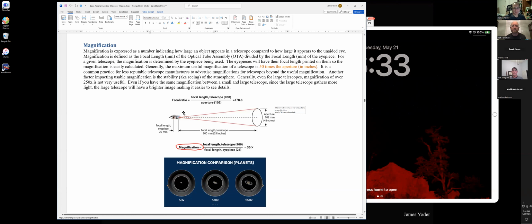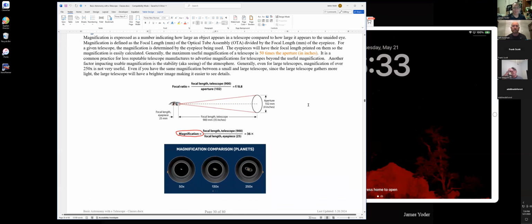Another equation I have up here, just FYI, the focal ratio is the focal length of the telescope divided by the aperture of the telescope. So the focal ratio tells you how fast the telescope is. Generally, that's used for astrophotography. So that's that. What else?